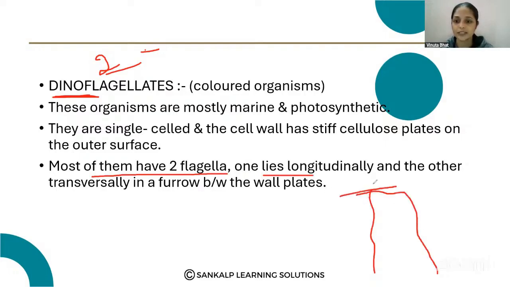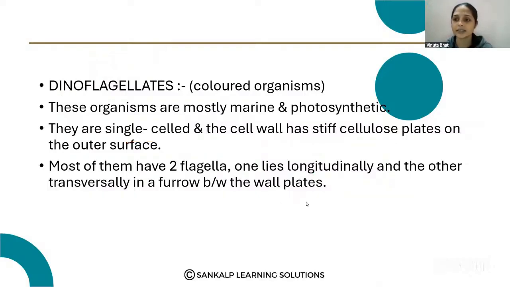So two flagella are present, hence the name dinoflagellates, and they are mostly marine, photosynthetic and single cell. The cell wall has stiff cellulose plates on the outer surface. So they contain cellulose plates on the body surface, that is the dinoflagellates. And how the flagella are located in their body is important.